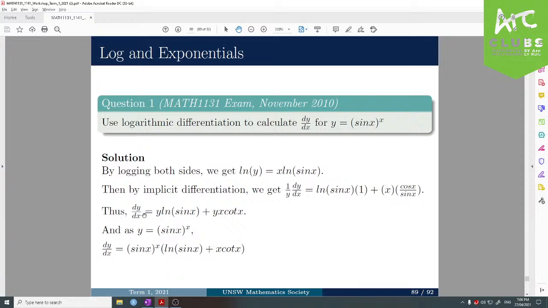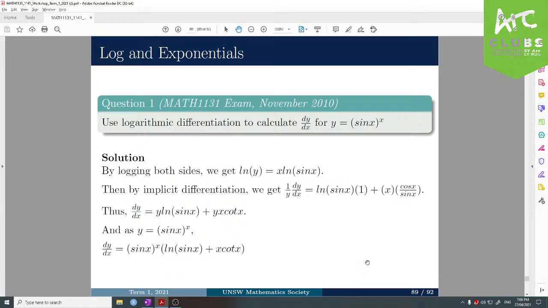And so in the end, when we multiply across by y, we get dy/dx equals y times ln sin x plus y times x cot x, because cos on sin is cot x. Okay? And since y is sin x to the power of x, we can plug that back into y. Then we simply get dy/dx equals the y term, which is sin x to the power of x, factorized out, and in the brackets, ln sin x plus x cot x.